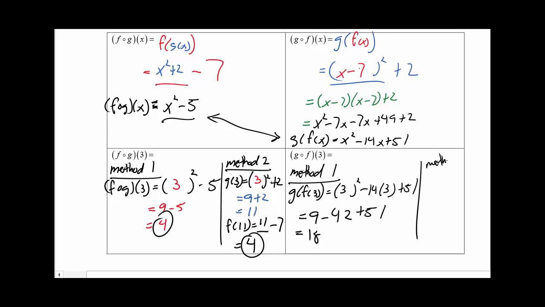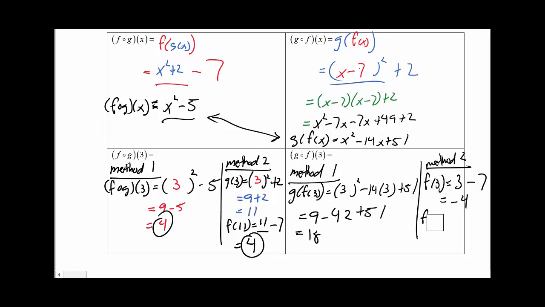Alright, method 2, again, assumes I haven't figured out what the composed equation is. So in method 2 then I would want to do the inner, which is f of 3. So that's 3 minus 7, which is negative 4.